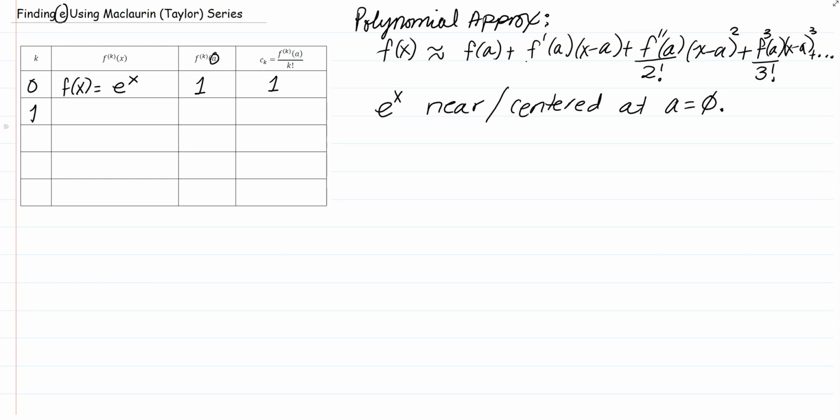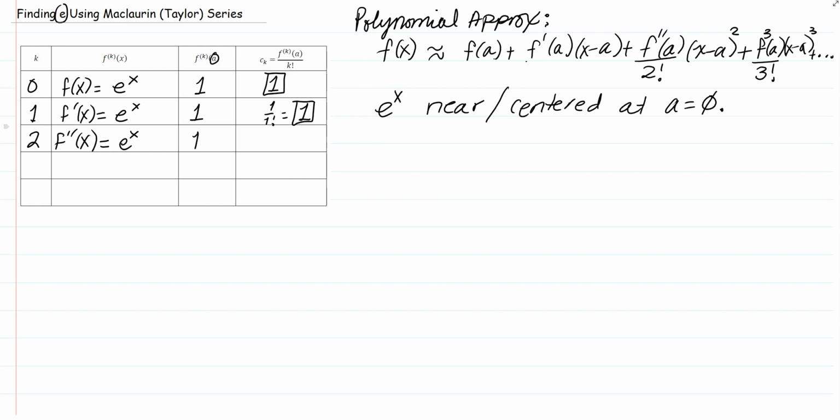And then the first derivative is, lucky for us, still e to the x, evaluated at 0 is still 1. So then we will have the derivative divided by k factorial. That would be 1 divided by 1 factorial, and that is still 1. Okay, so these are your coefficients right here. And then the second derivative is still e to the x.